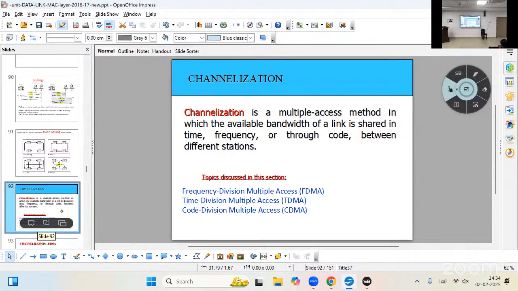What is channelization? Channelization is allocating a particular channel.